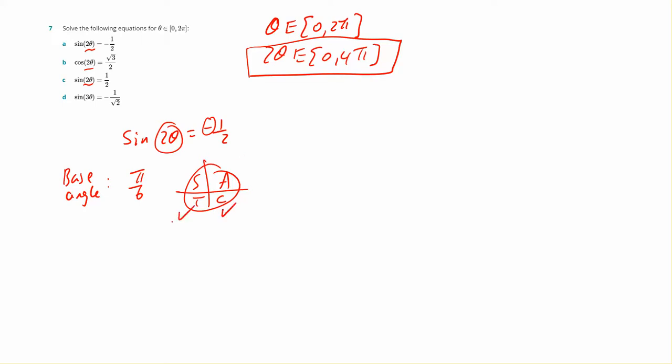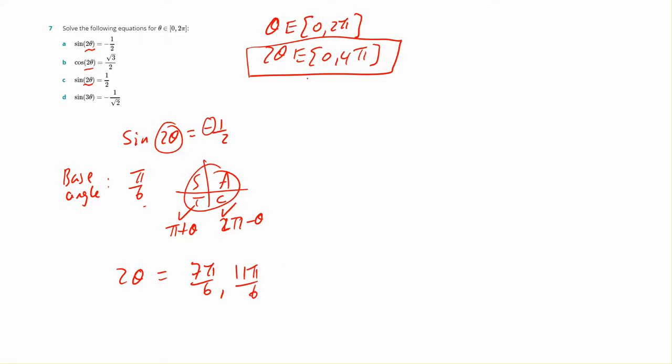Okay, and in the third quadrant, we know the solution is pi plus theta, and in the fourth quadrant it is 2 pi minus theta. So 2 theta equals pi plus theta, because we're solving for the angle 2 theta. Pi plus pi over 6 is 7 pi over 6. 2 pi minus pi on 6 is 11 pi on 6.